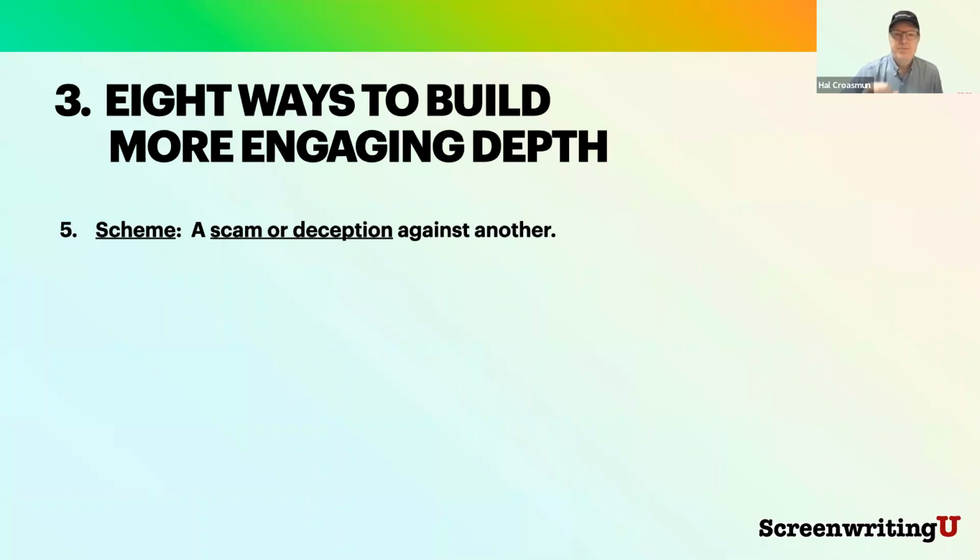Number 5, a scheme. This is a scam or deception against another character. And schemes can happen in all kinds of ways. When our daughters were going through junior high, we were on the PTA, the Parent Teacher Association, and we got to see so many schemes go on in that room.